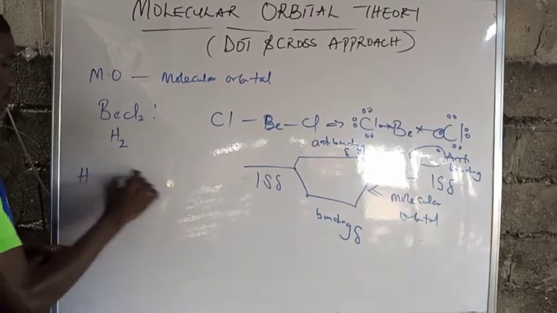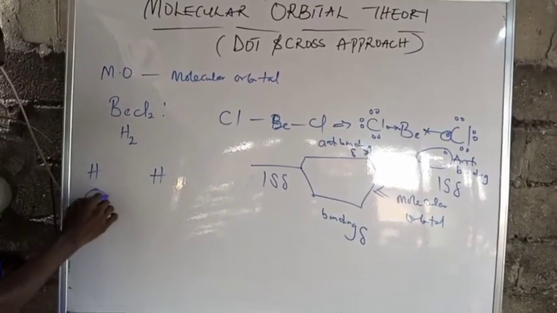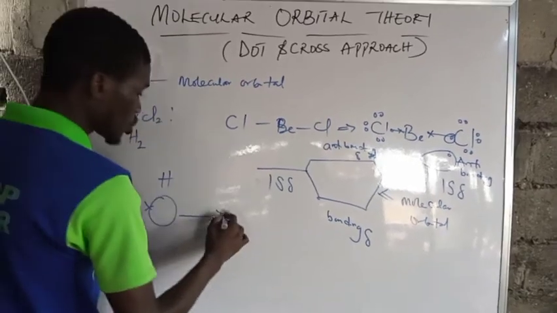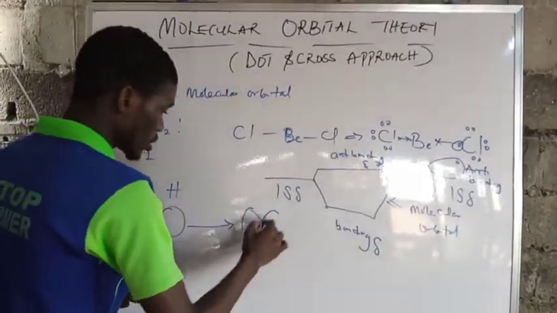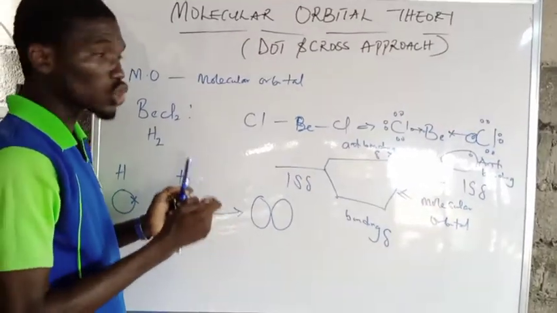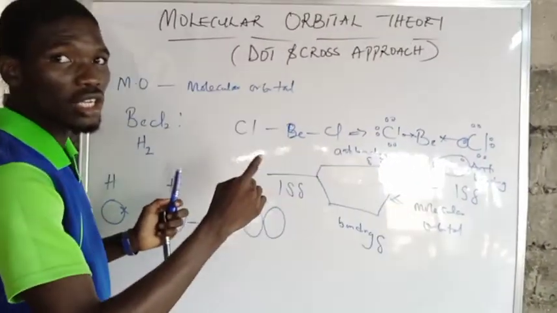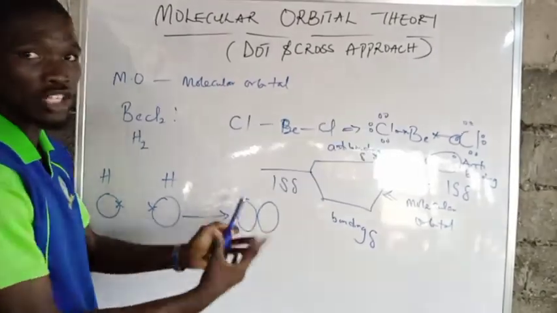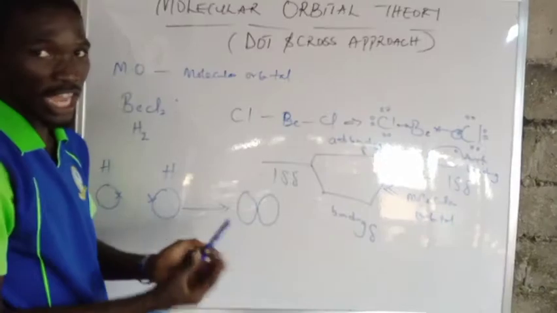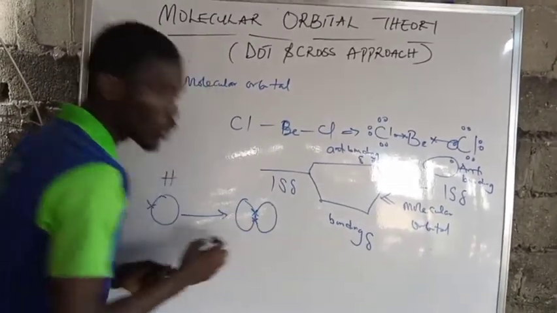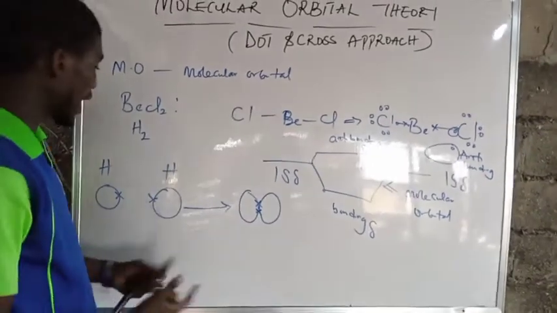We have this, the cross section. We also have this. So when we combine these two together, they are covalently bonded. So when we go back to chemical bonding, under covalent bonding, we talk about when two atoms come together to share the same electron, the first hydrogen and the second hydrogen.